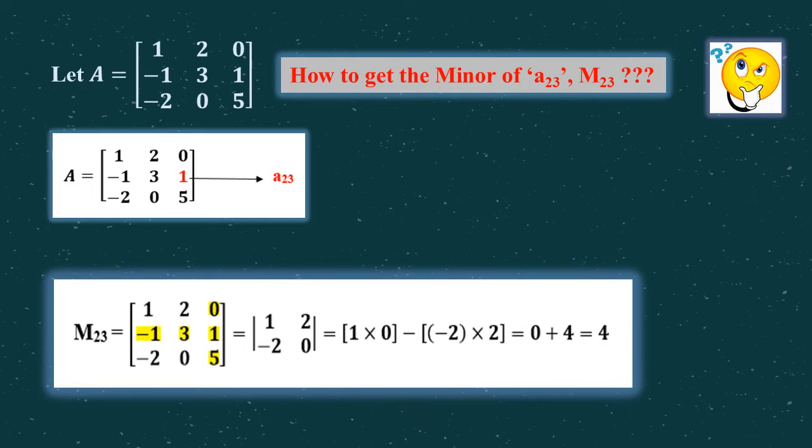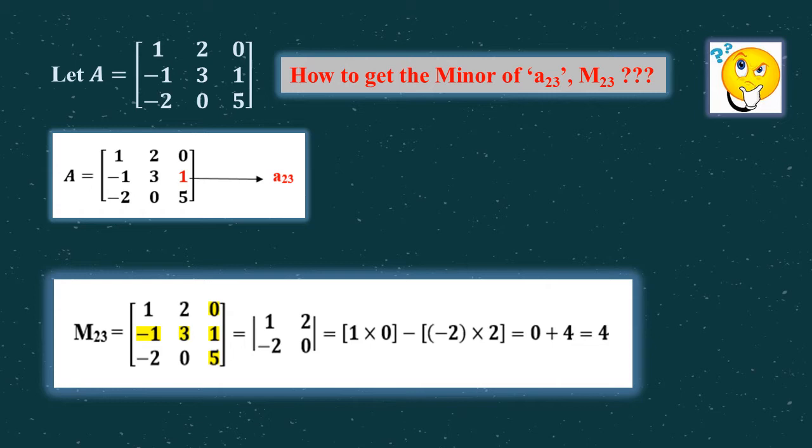Now how to get the minor of this element? We need to remove the second row and third column. So it is highlighted by yellow marks. Removing these second row and third column elements, we get a determinant that is called the minor of this a23. That is determinant 1, 2, minus 2, 0.